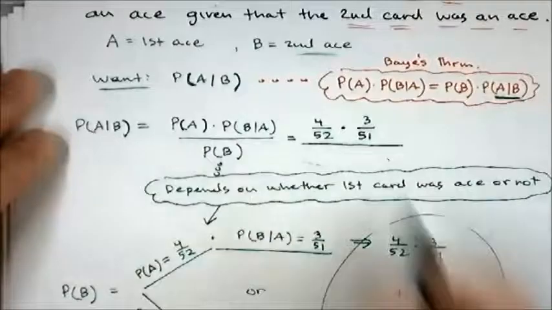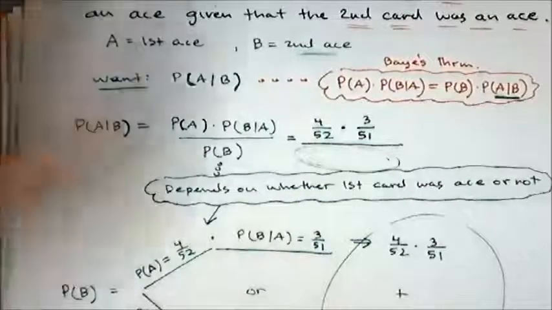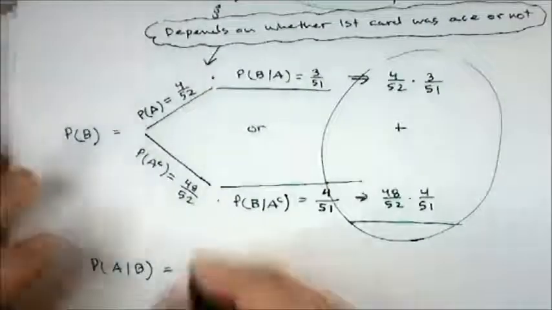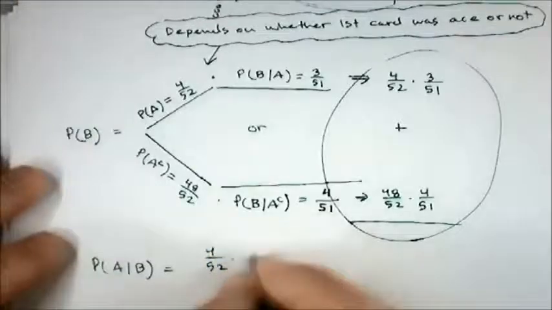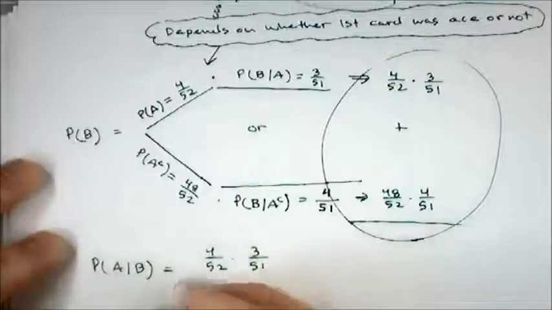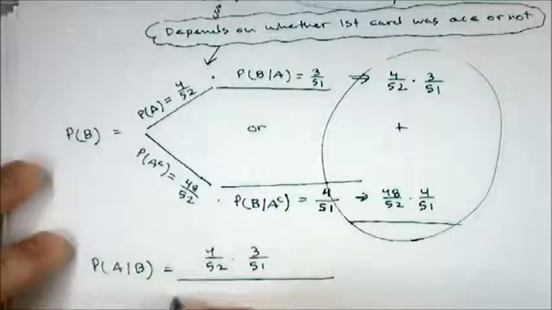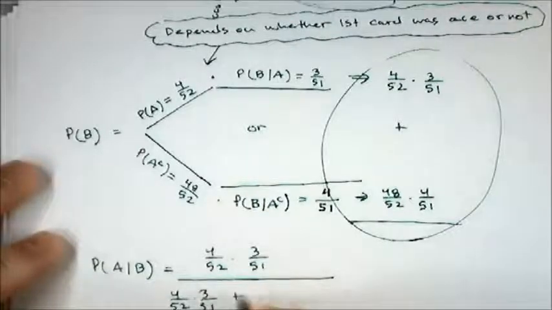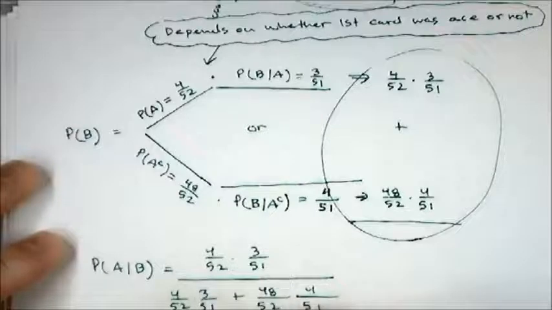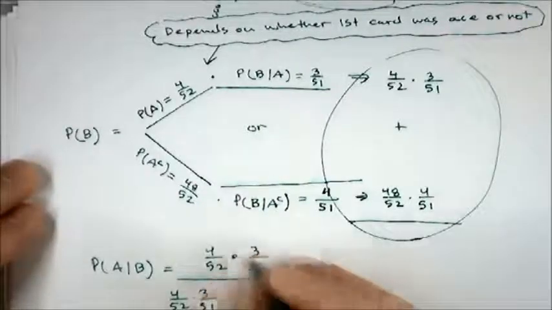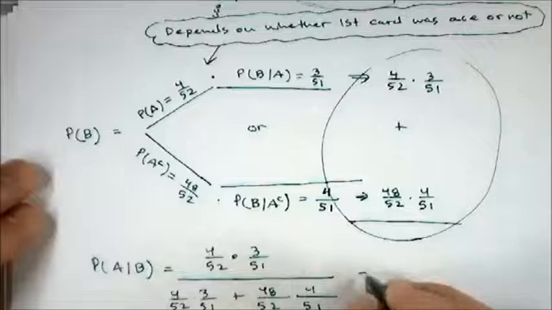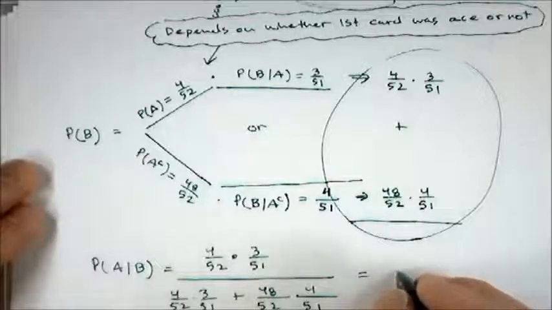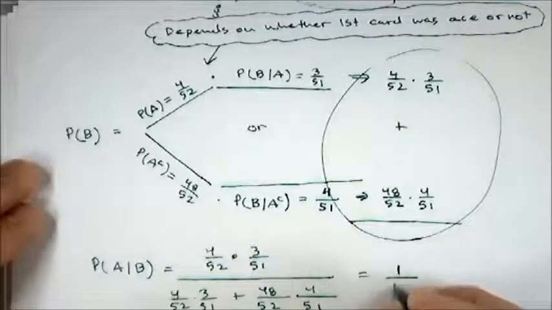This is going to be our denominator, the sum of those two. If you do a little bit of math with simplifying some of these fractions, surprisingly, you can reduce this whole mess down to 1/17.